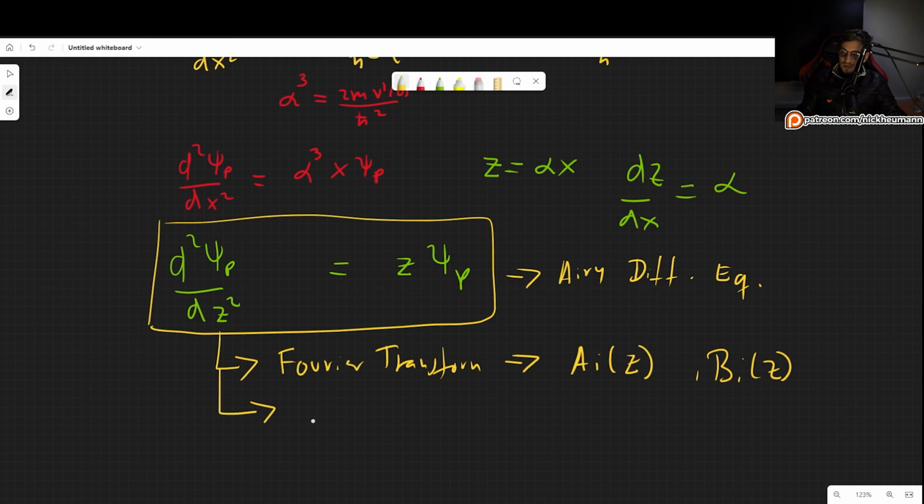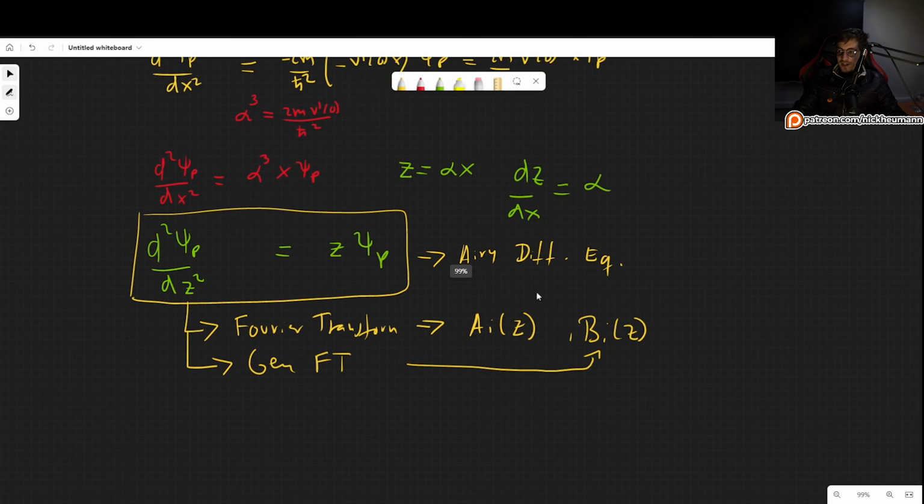So you have to use a generalized Fourier transform, and then apply a complex integral, a contour in the complex plane for that integral, and it becomes really messy. Another way to solve this is to apply, I think, 3 changes of variables in a row, and then you end up with a Bessel differential equation of order 1/3. So that is another way to solve it.